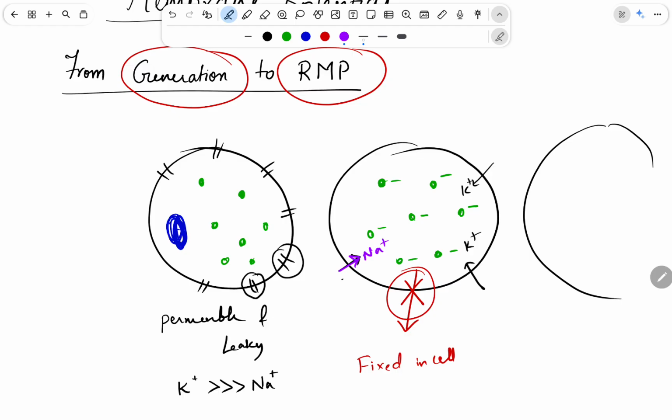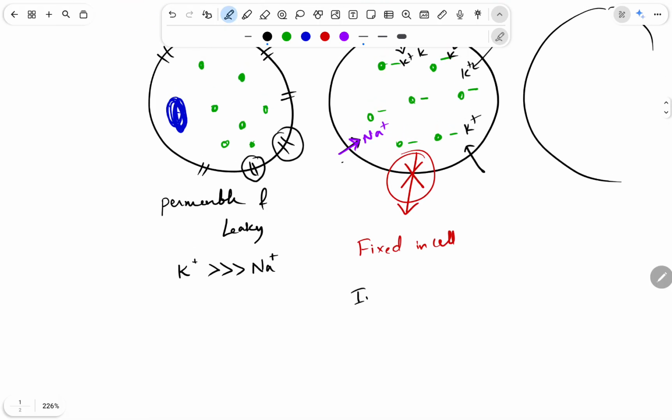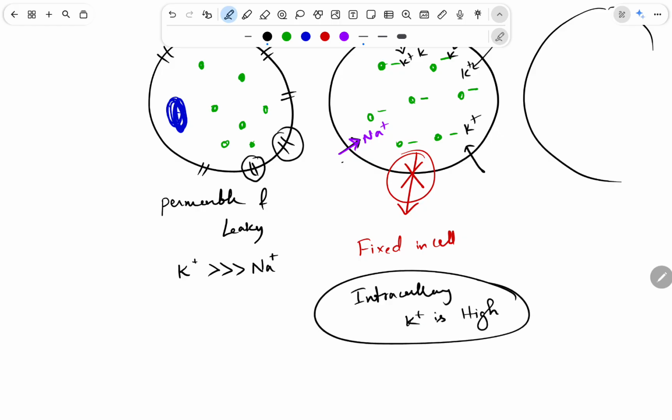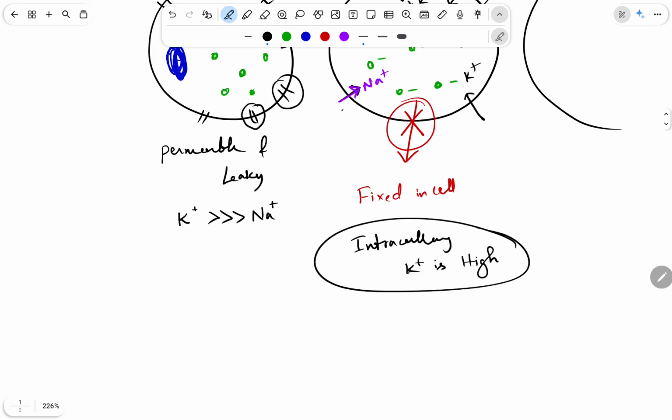It will look like almost this potassium and one sodium. The ratio is very high when it is potassium to sodium. So intracellularly potassium is high, very, very high. So this is the first gradient, potassium chemical gradient that is formed.